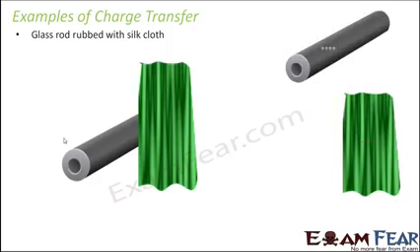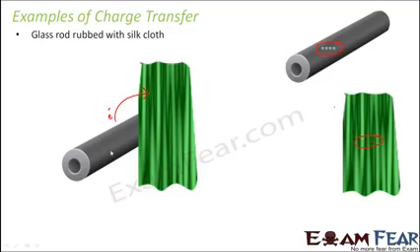The glass rod becomes positively charged and the silk cloth becomes negatively charged. So what does this mean? The transfer of electrons took place from the glass rod to the silk cloth. Therefore the silk acquired extra electrons, so it became negatively charged, and the glass rod lost electrons, therefore it became positively charged.